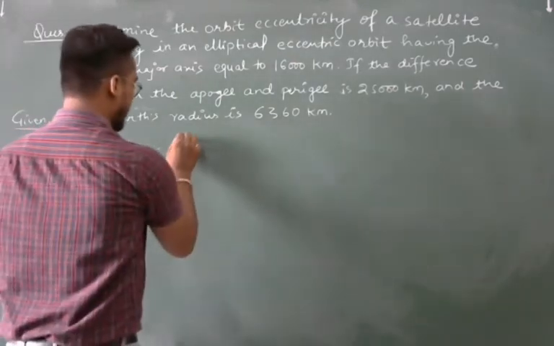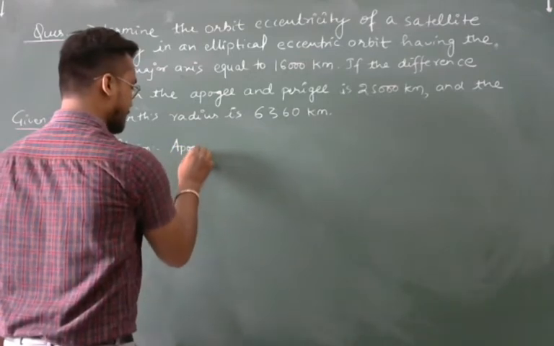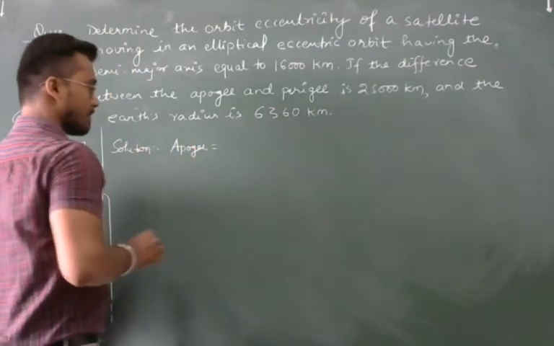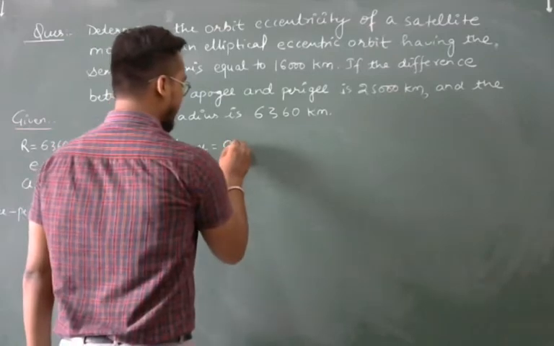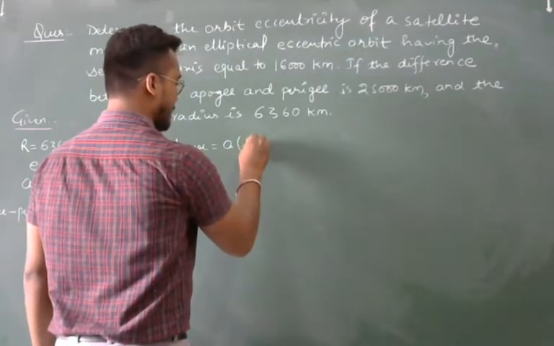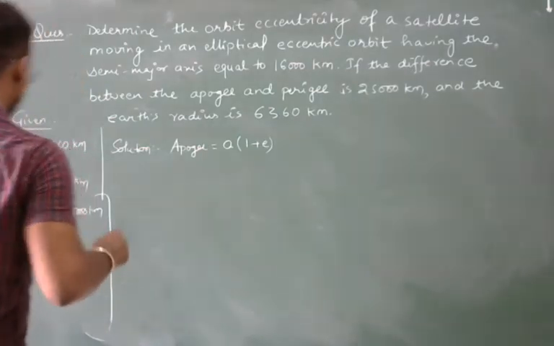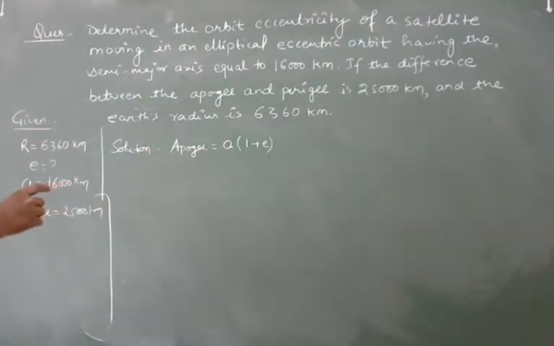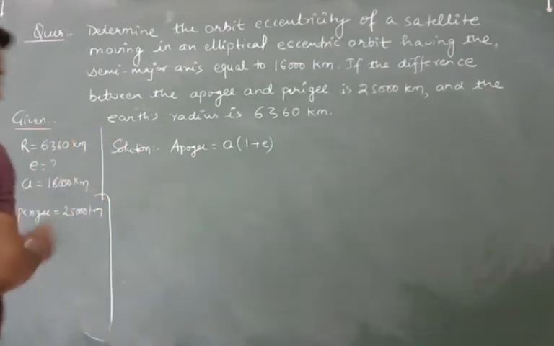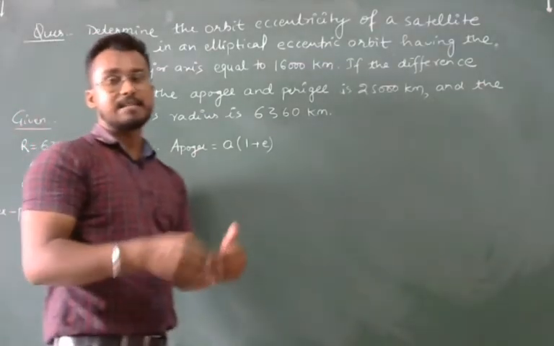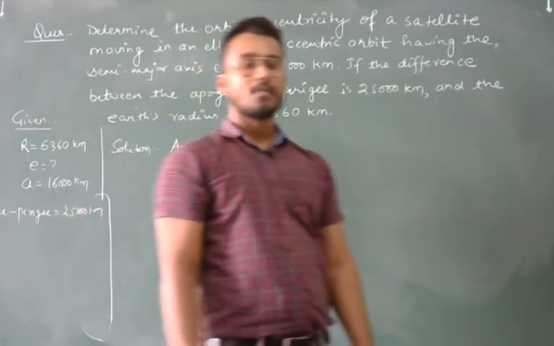We all know about the apogee. It is given as A(1 plus E). In our previous discussion, we discussed the apogee and perigee height, which were represented as RA and RP.